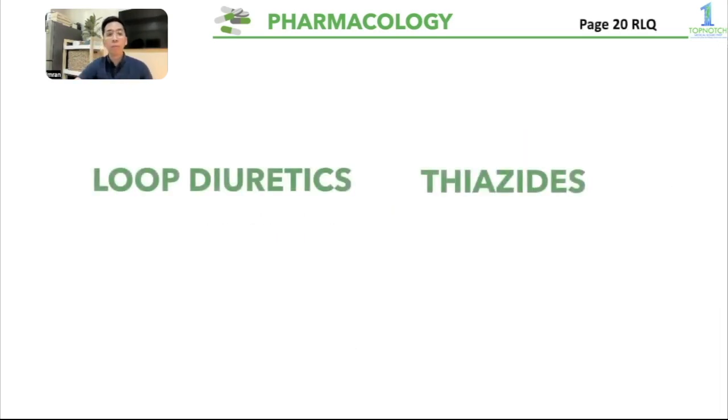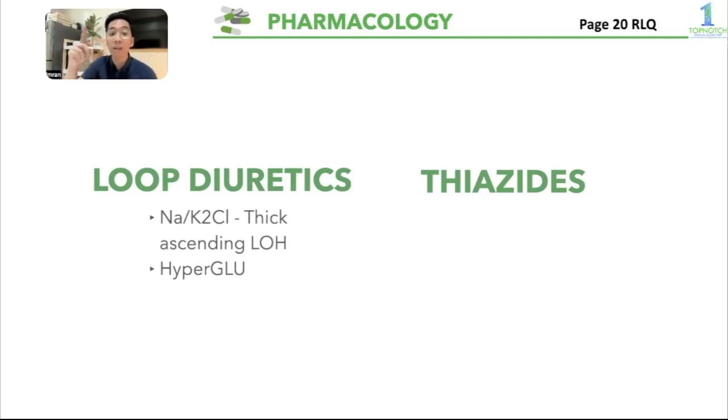Next would be your loop diuretics naman. As discussed earlier, dun siya sa thick ascending loop of Henle, no? And ang main receptor na inhibit niya would be your sodium potassium 2 chloride transporter. And the side effect of this one is your hyperGLU as discussed, no? The recall nga natin, ano ibig sabihin ng GLU?